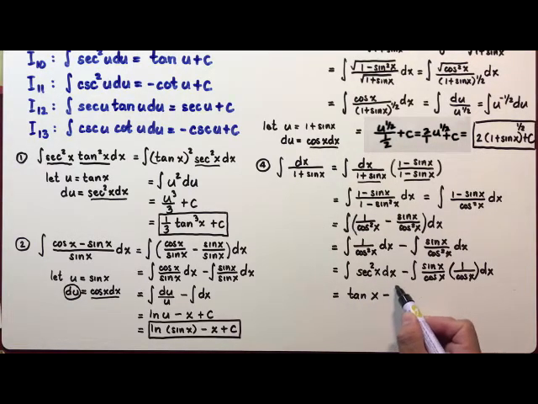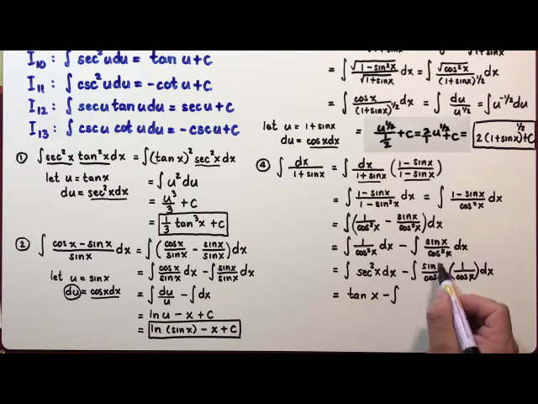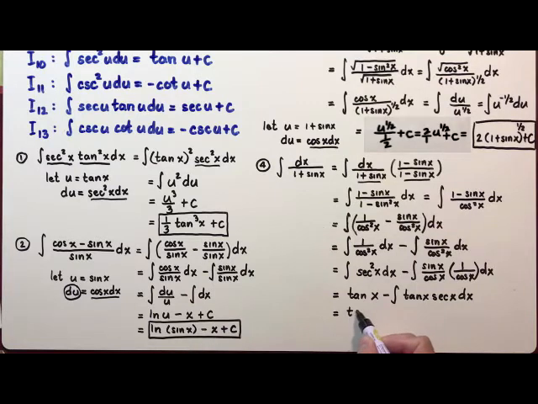And I can apply a little identity here because sine x over cosine x is tangent x, and 1 over cosine x is secant x dx. And again, looking at this integrand, we can apply formula number 12 here. So this is equal to tangent x minus the integral of this, which is secant x, and then plus c, our constant of integration. And this is our answer for our example number 4.